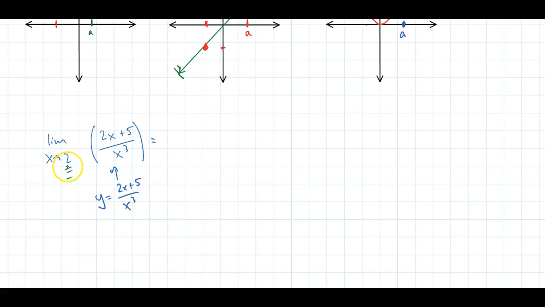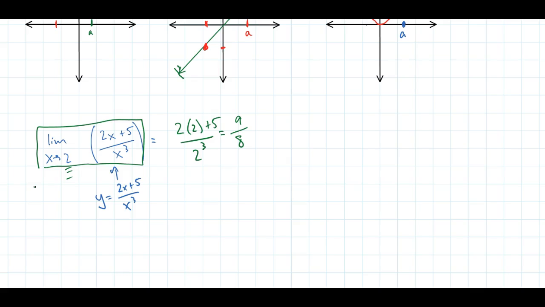I'm going to be close to 2, which means that all the y values should be close to 2 times 2 plus 5 over 2 to the third. If you plug that into the calculator, looking at all the values that get closer and closer to 2, we'll see all the y values getting closer and closer to 9/8. Kind of nice.